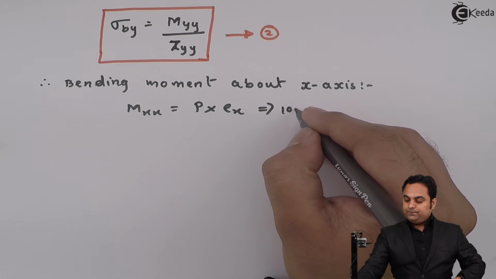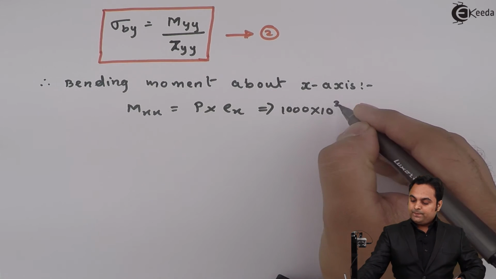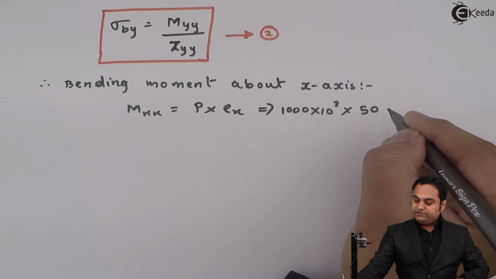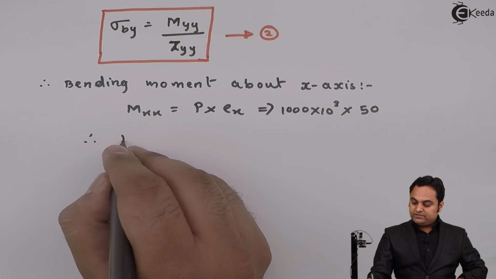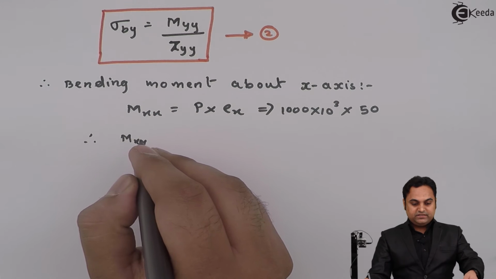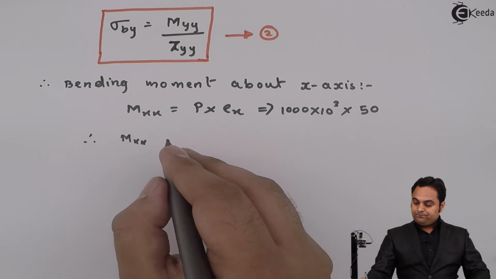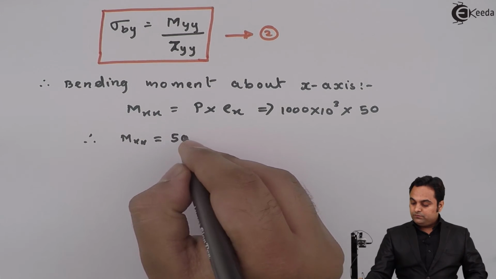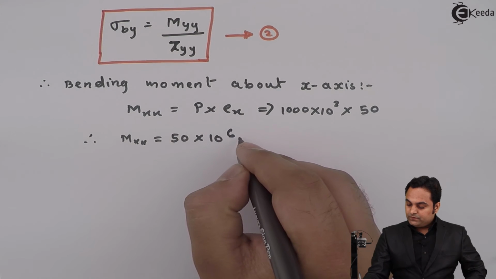Load is 1000 into 10 raised to 3. Eccentricity was 50 mm with respect to x-axis. So bending moment about xx, that is 50 into 10 raised to 6 Newton mm.